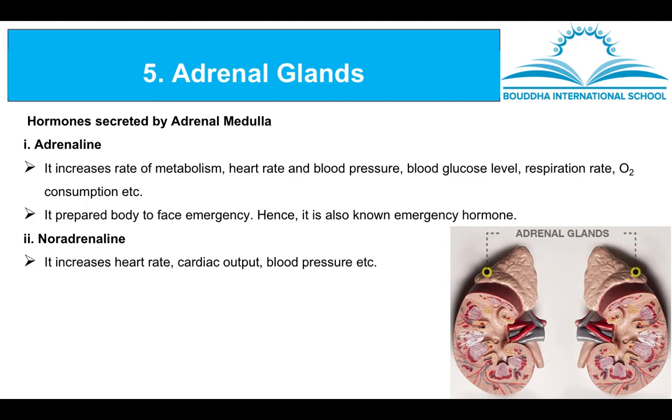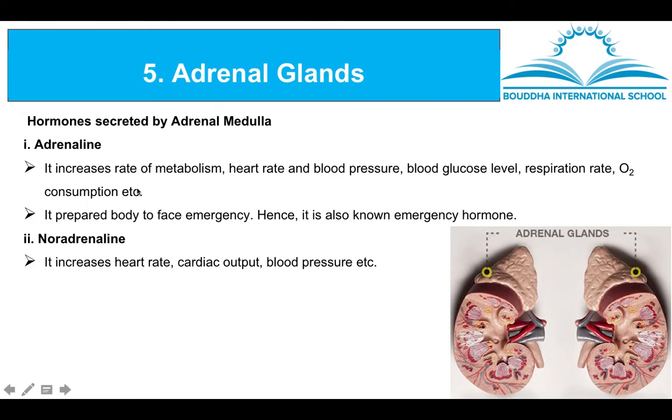Adrenaline, when anybody is under stress, increases the rate of metabolism. The heart rate increases, blood pressure increases, glucose level in the blood increases, respiration rate increases, and oxygen consumption also increases. Because of that, more energy is produced, and it helps to face that situation.